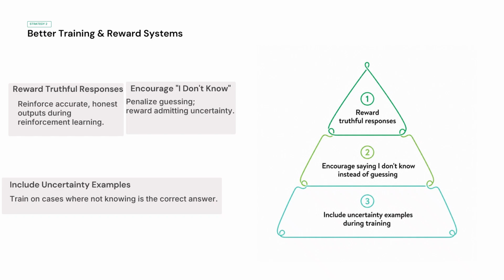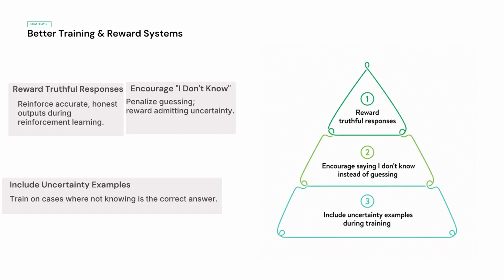Another technique is, as we discussed, that current reward systems prefer that the model guesses over actually answering I don't know. So that's what needs to be changed. We need to have a better training dataset where the model has decent enough knowledge, and also a reward system which actually rewards truthful responses and encourages an I don't know response in cases when the model actually doesn't know the answer, rather than simply guessing.